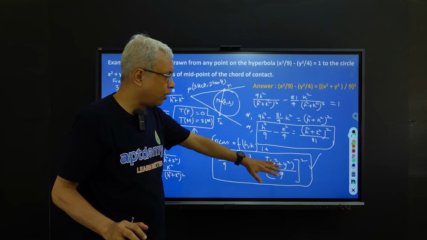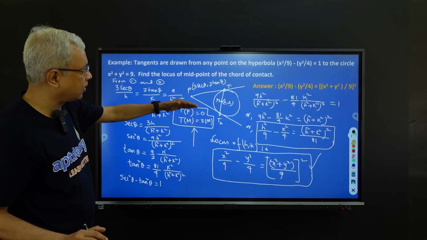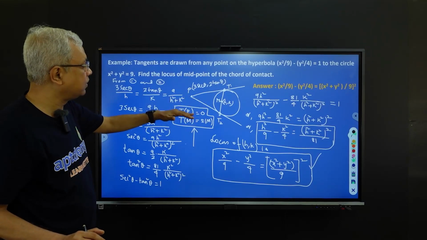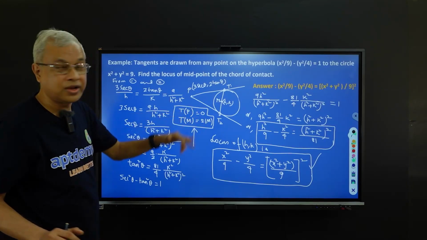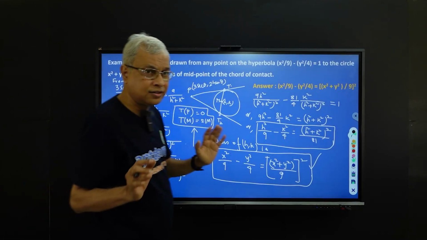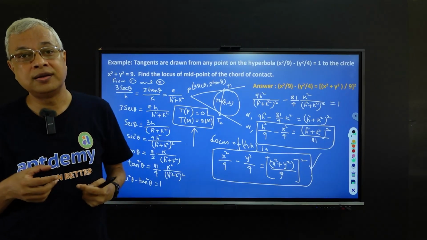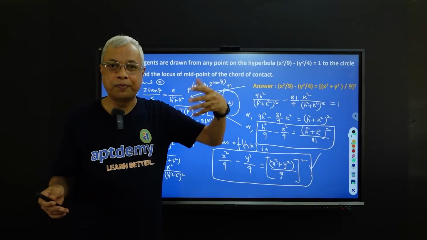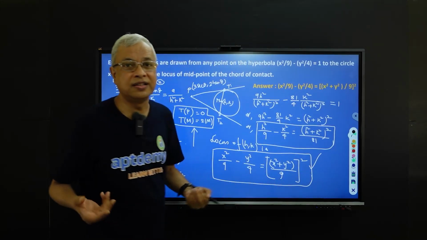So we have solved this problem, and as background work, we discussed how the equation of the chord of contact can be written in T equal to 0 form and T equal to S1 form. And whatever analysis we have done, the same analysis is applicable for parabola, ellipse and hyperbola also. Instead of a circle, had it been a parabola, ellipse or hyperbola, the same type of treatment is applicable.